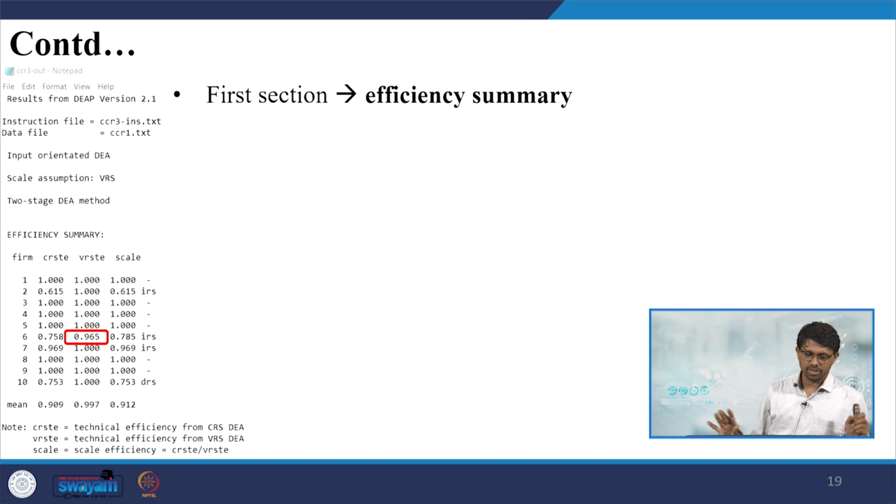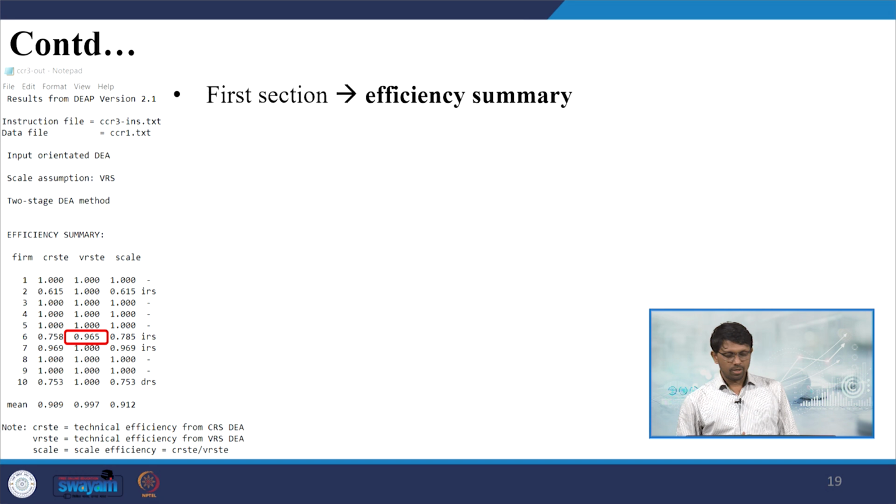Okay, this is the first result, called the efficiency summary. One interesting part is that with the first form we used to get the CRS based estimation, the 10 DMUs along with their CRS values, but now in addition we are getting VRS and the scale results.